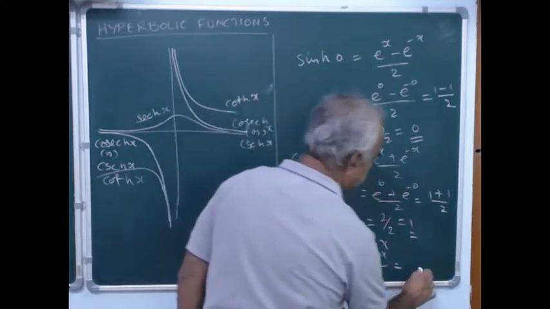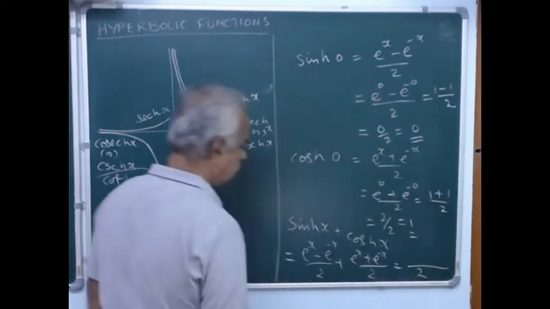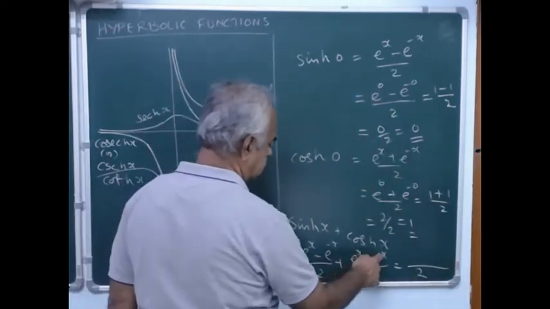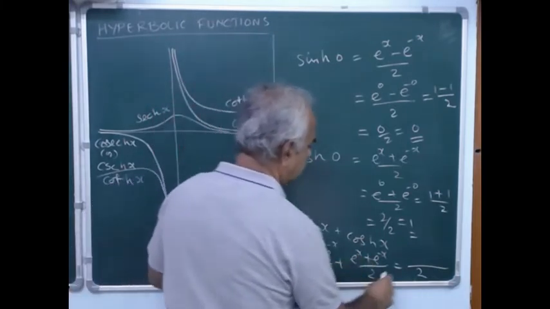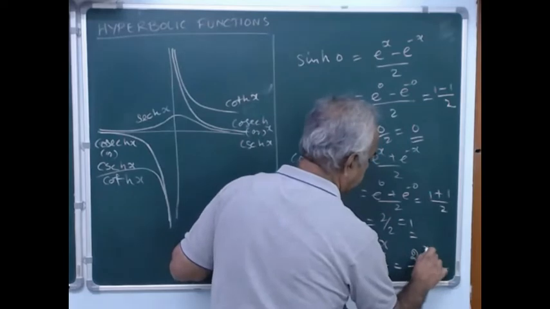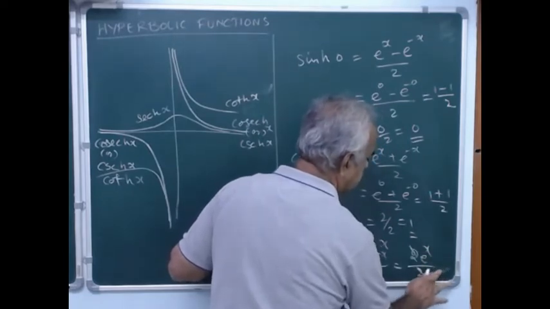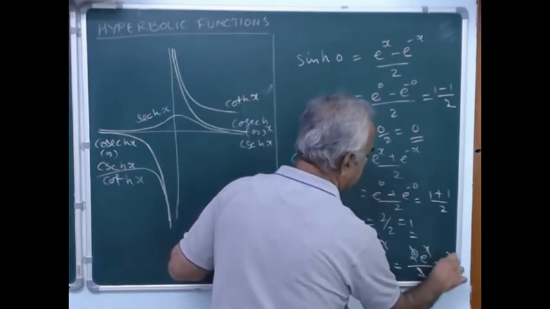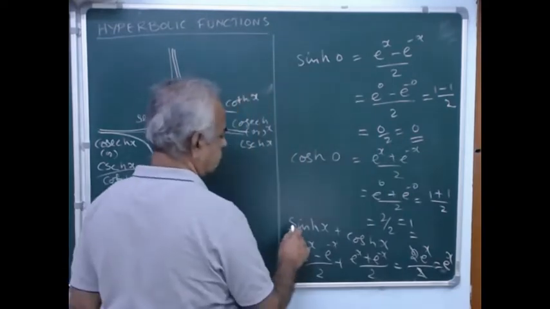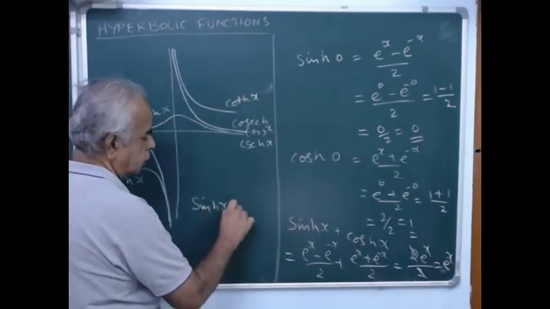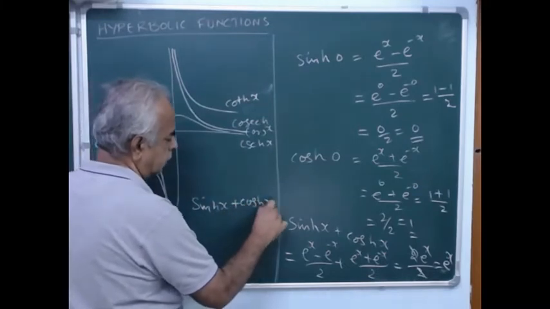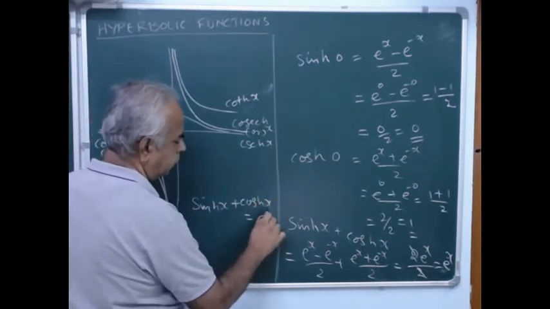So taking LCM, e power minus x and minus e power minus x can be cancelled, and now we have 2 e power x. So 2 can be cancelled, therefore it is equal to e power x. Therefore sinh x plus cosh x is equal to e power x.